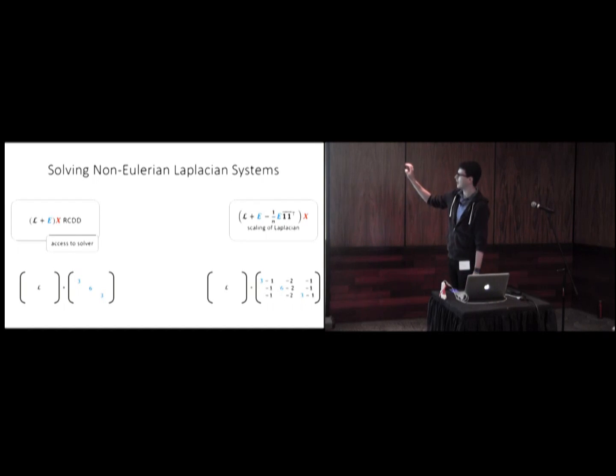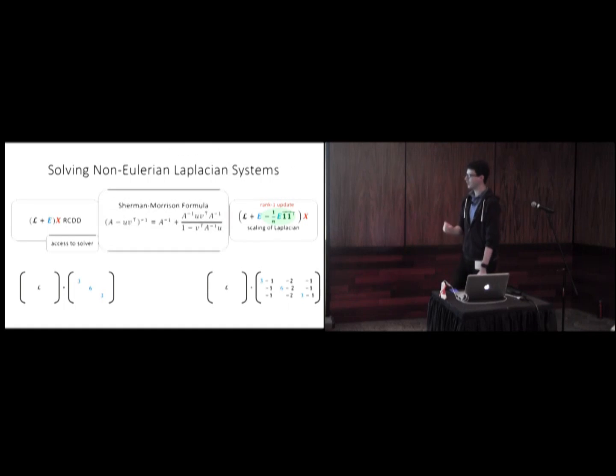Notice that this matrix is just a rank 1 update away from my initial matrix, for which I have a solver. And in that case, I can leverage a classical tool, the Sherman-Morrison formula, which tells me that whenever I have a solver for a matrix and its transpose, I also have a solver for a rank 1 update of that matrix. And this is what we're going to use here.